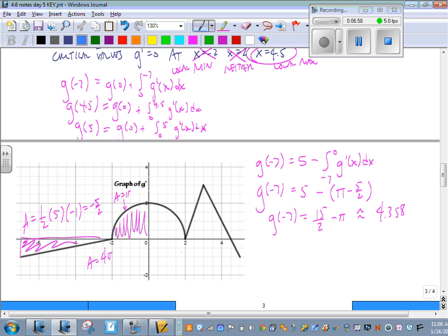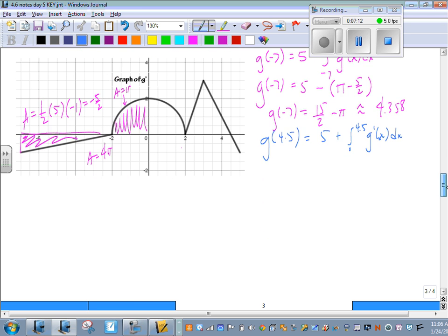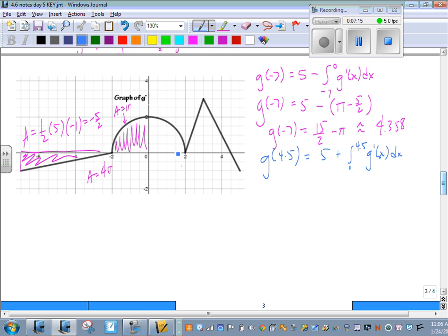Now let's figure out g of 4.5. That's going to be g of 0 again, so 5, plus the definite integral from 0 to 4.5 of the derivative. So we're finding the area right here. We already know the area of this is going to be pi.